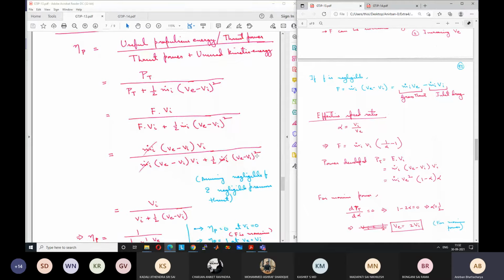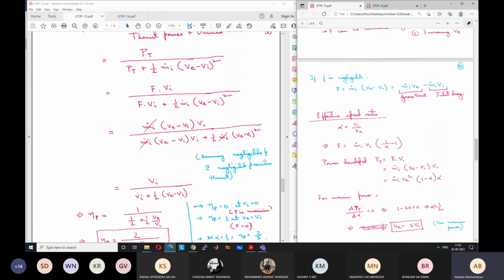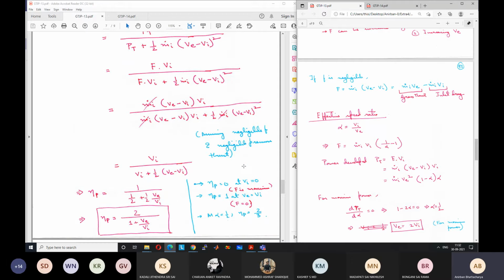This is assuming negligible f and negligible mass flow rate of fuel and negligible pressure thrust. So you can cancel the m dot e from the numerator and the denominator, and V minus Vi from the numerator and denominator. So we will be left with Vi divided by Vi plus half (V minus Vi).